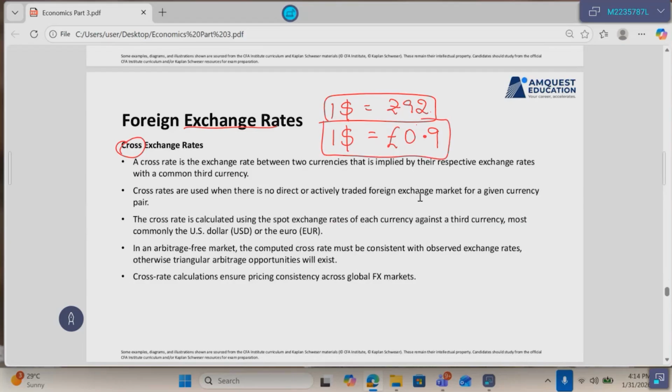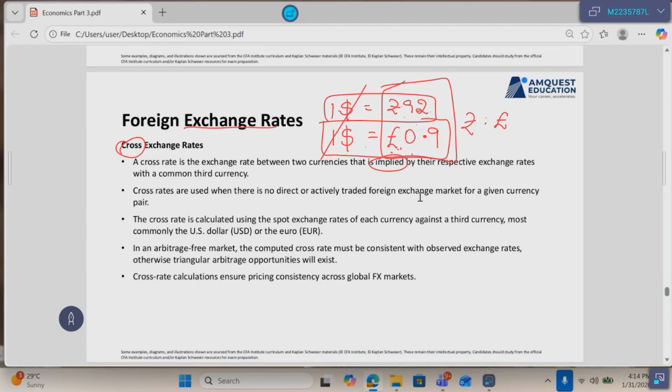That means by using these two rates, can I find out the rate of rupee to the pound? I can do that, right? I can use the dollar-rupee rate and the dollar-pound rate to derive the implied rate between the rupee and the pound. Now, this obviously is not required because rupee to the pound is already available.